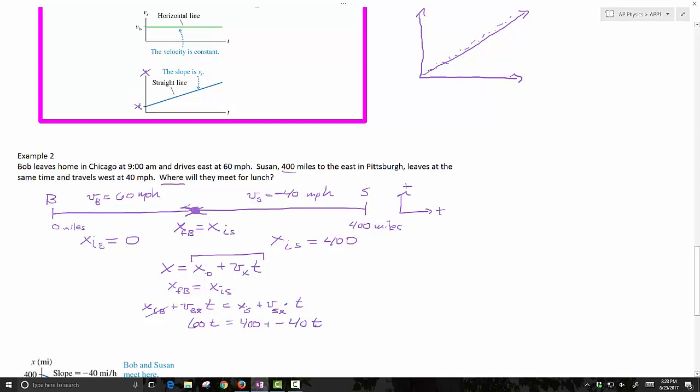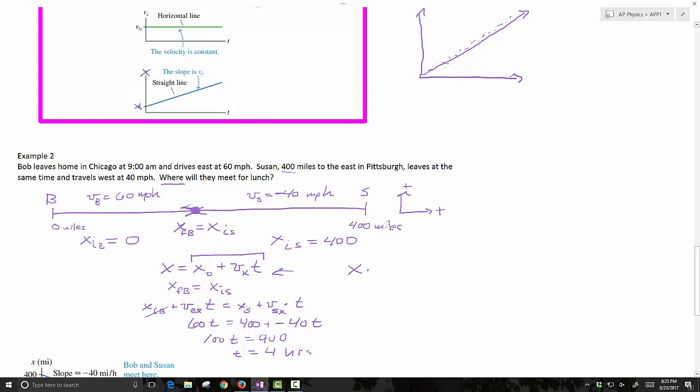So now I can solve for t. We move this to the other side, so I add it, so I get 100t equals 400, so the time equals 4 hours. But that doesn't answer my question. It says where. So we can just use this. And we can plug 4 hours back into this equation for either of them. I'll go ahead and use Bob.